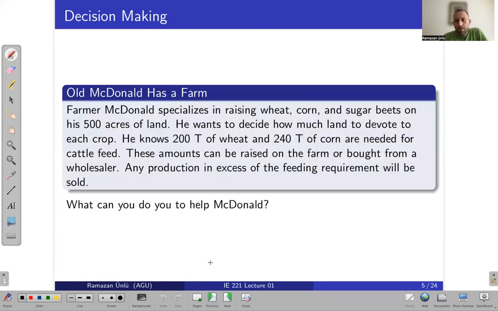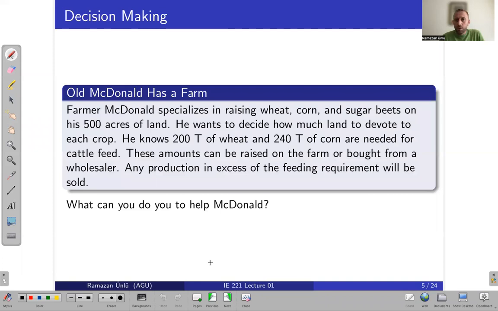This is the end of part 1, and I will continue with a problem to introduce some other notations. These notations and terminologies are not limited to what I explained, there is more.